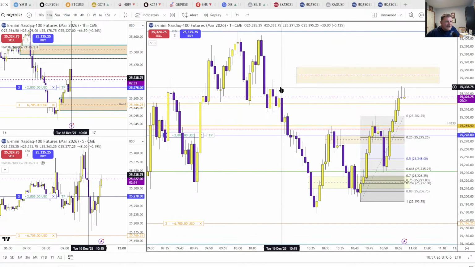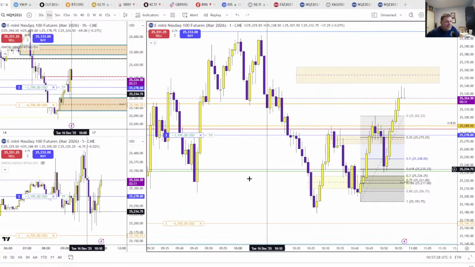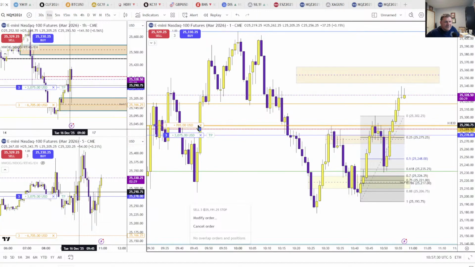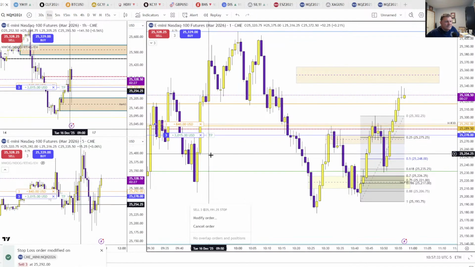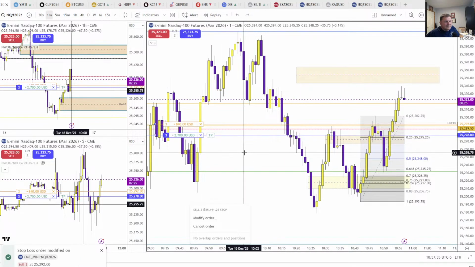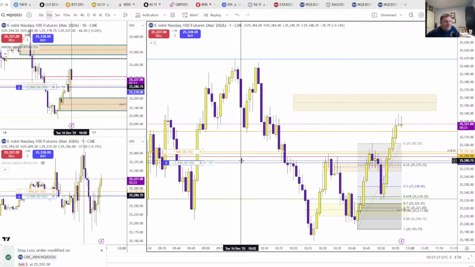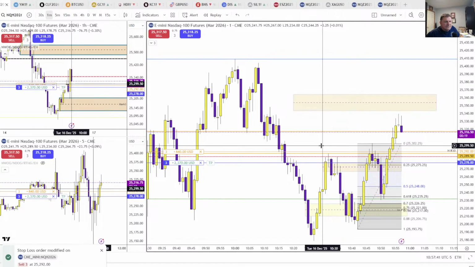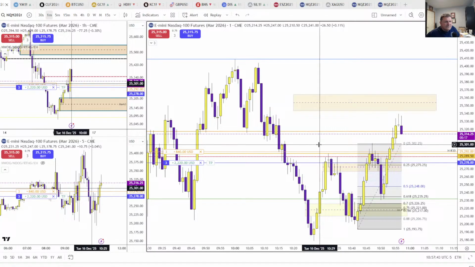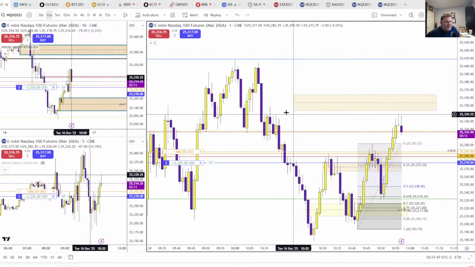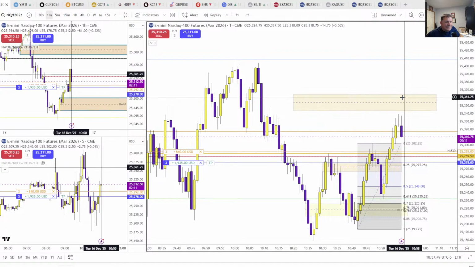Now, as soon as we break this candle, ideally, I want to see that hold, and then I can move this into here, right? So a body breaks this high here. We hit this upside objective.